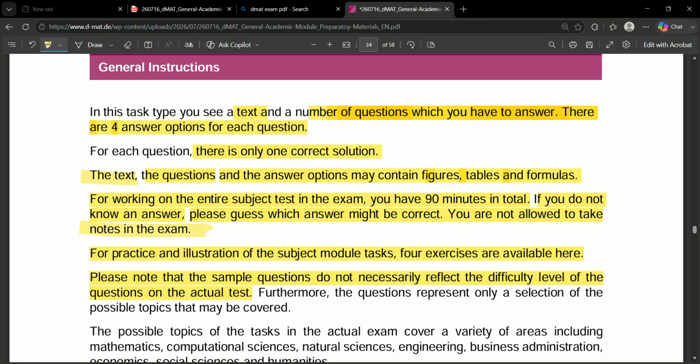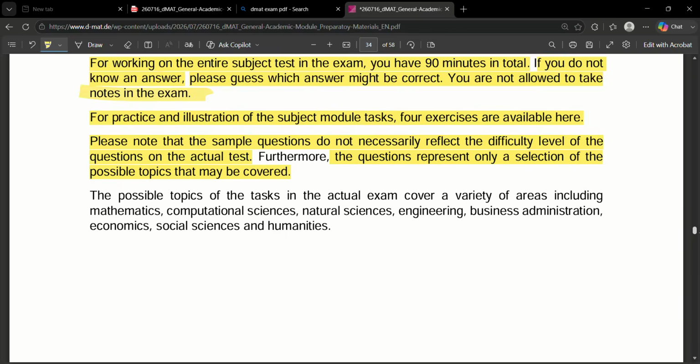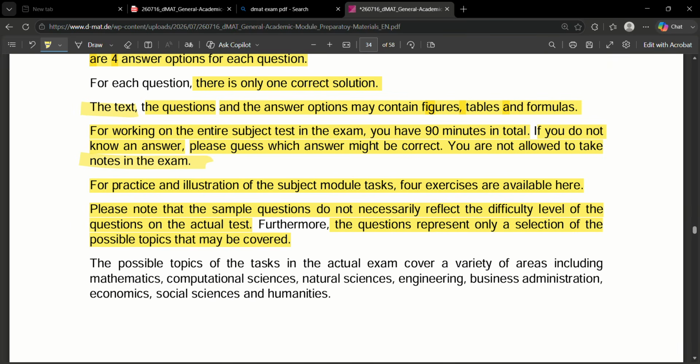It can be more difficult questions in your exam, or you could get the easiest questions as well. Furthermore, the questions represent only a selection of possible topics that may be covered.